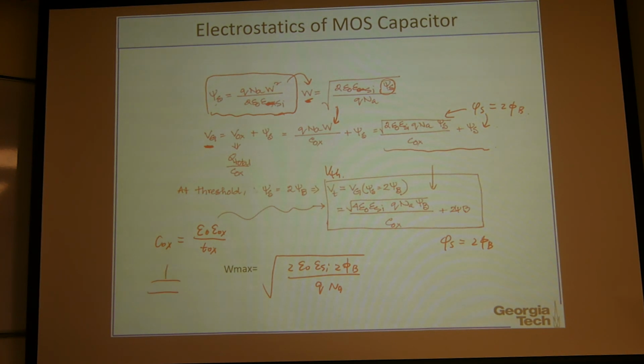So if you have the MOS with the oxide thickness, and the oxide material has its epsilon oxide, then you will get the COX. That depends on the thickness of that oxide.